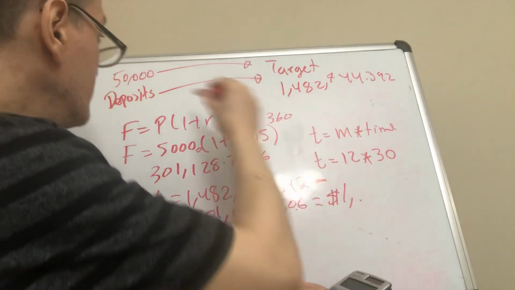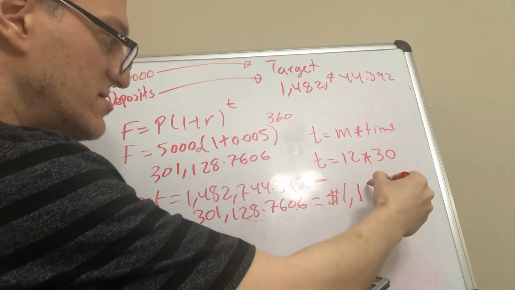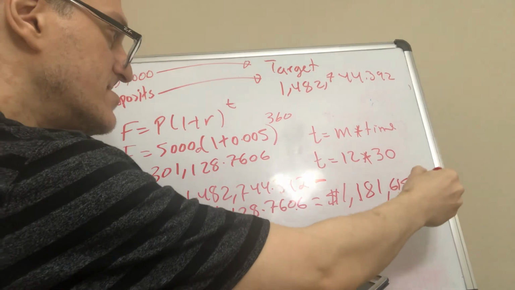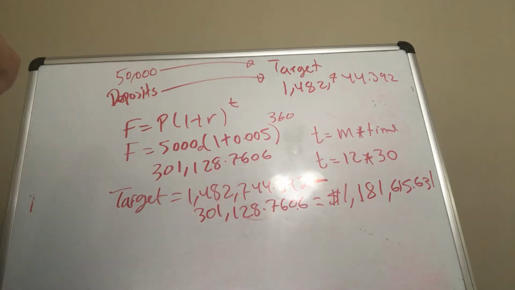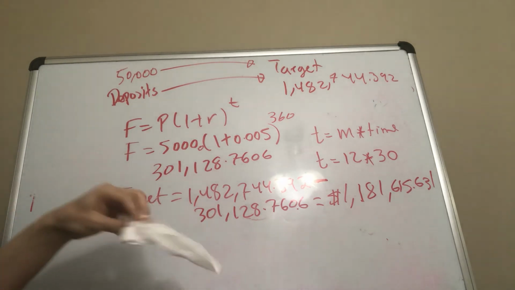So the deposit that she needs to make is to accumulate this amount of money. So she needs to be able to accumulate about 1,181,000. And since she's making multiple deposits, we're going to use the annuity feature.